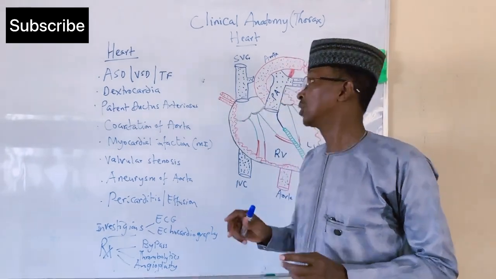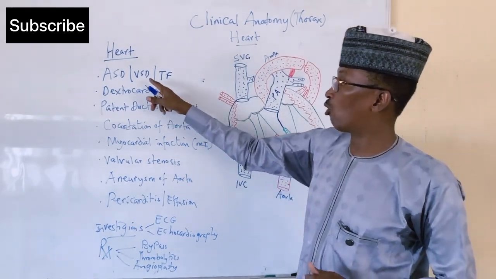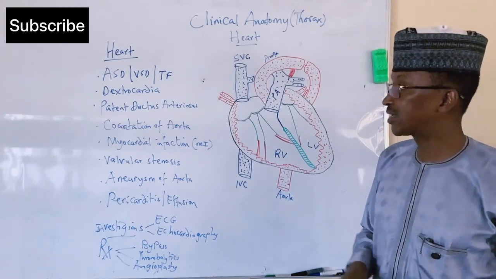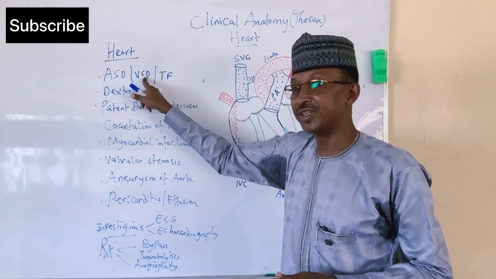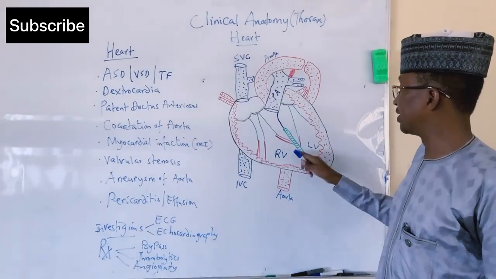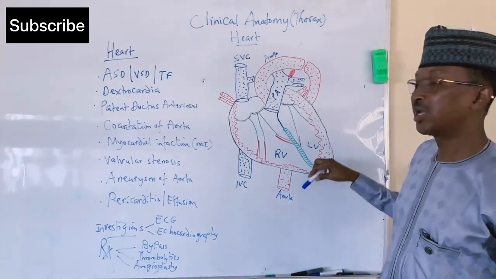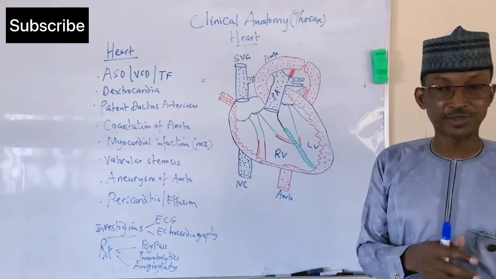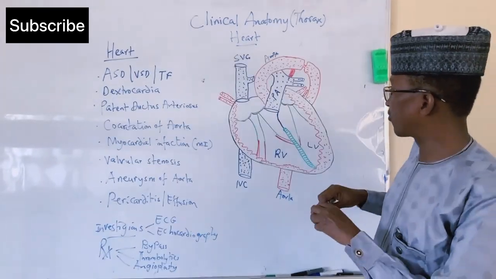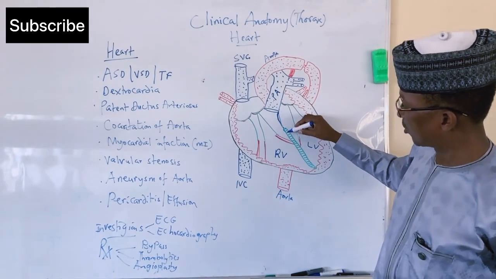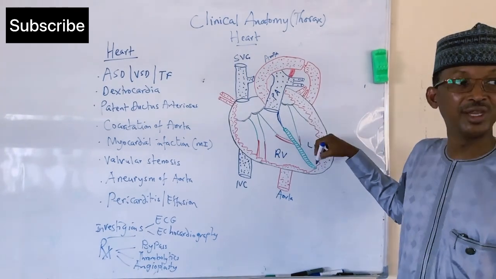You get it? Another congenital anomaly is what we call ventricular septal defect, and that is what we call VSD. You all know that during embryology, the ventricular septum is made up of two types. We have the membranous type of septum, which is this one in blue, and then we have the muscular septum, that is the one in green.